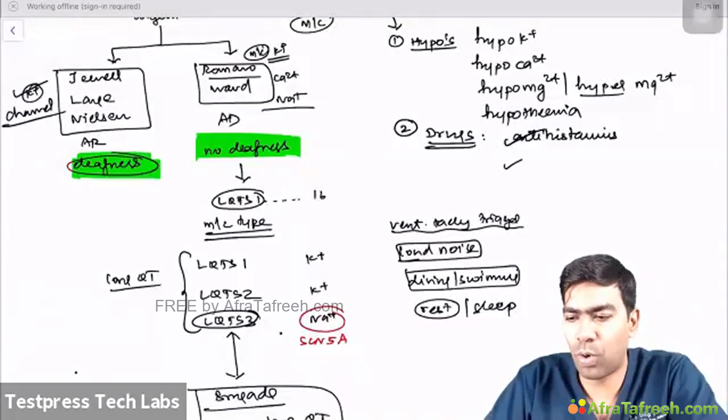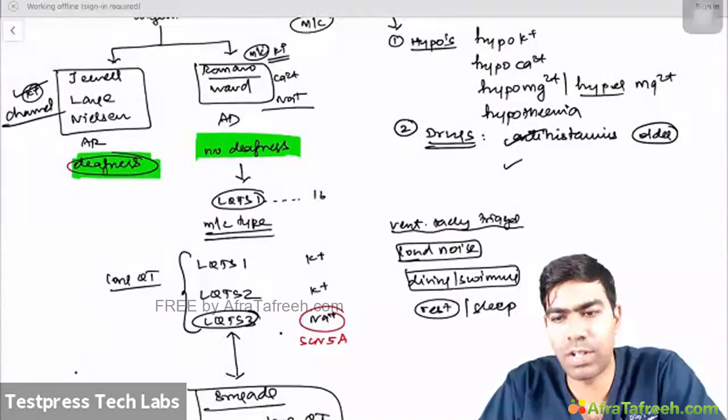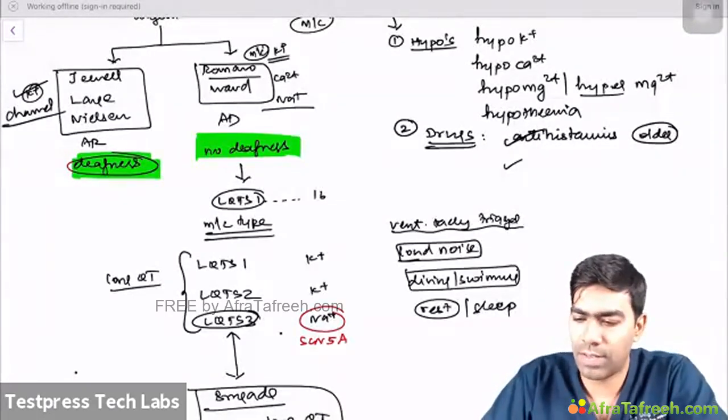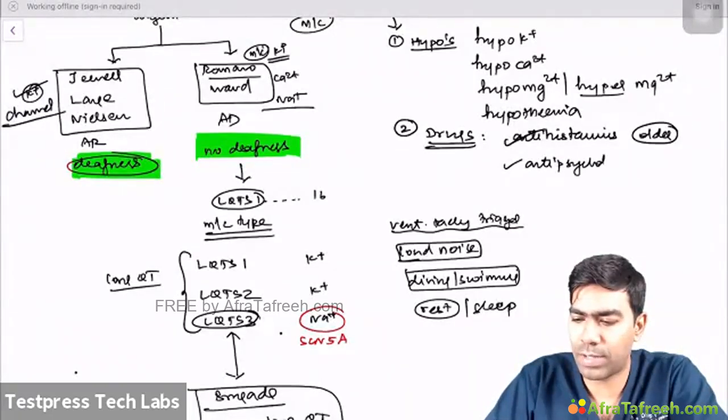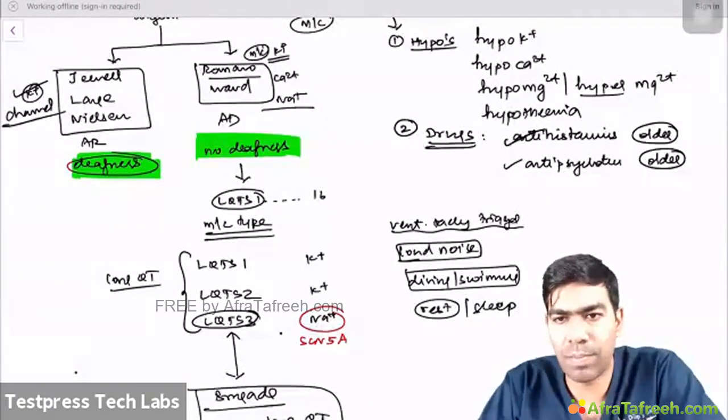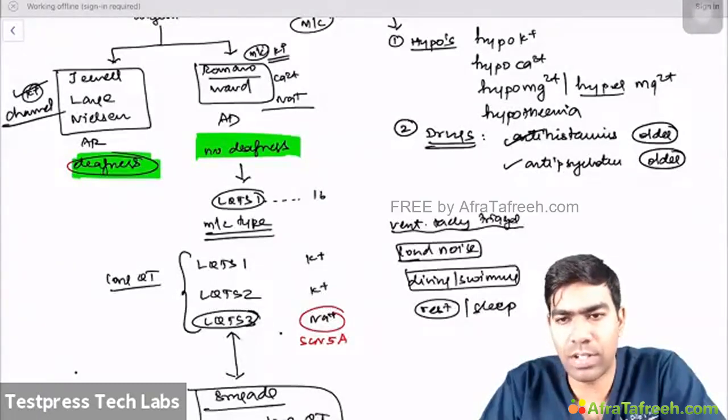Especially older generation antihistaminics have a higher propensity to cause long QT compared to the newer generation antihistaminics. Then we have antipsychotic drugs that can produce long QT, especially the older generation antipsychotics, compared to newer generation antipsychotics. Newer generation also can produce it, but older generation are more like haloperidol and all.